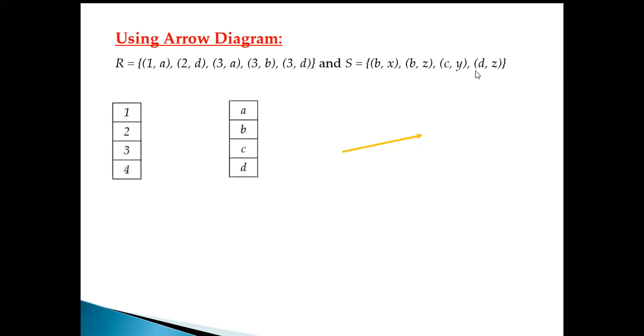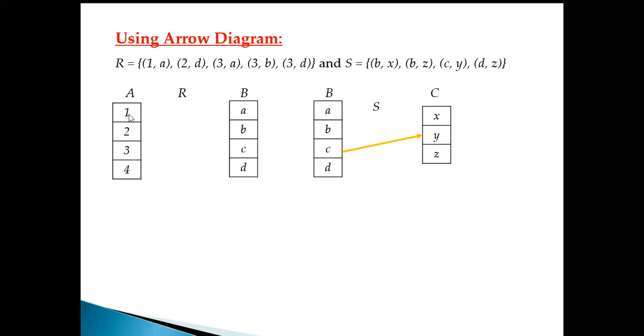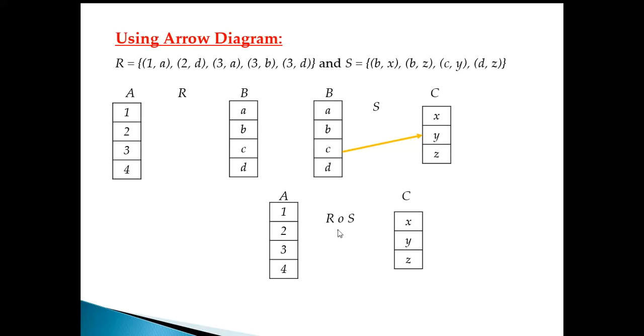Here we make the A set elements 1, 2, 3, 4 and the B set elements a, b, c, d, because our R relation is between the sets A and B, and the S relation is defined on B cross C. So we put the B elements a, b, c, d and the C elements x, y, z. After this we compute our R∘S. By the definition, which sets are there? A and C.